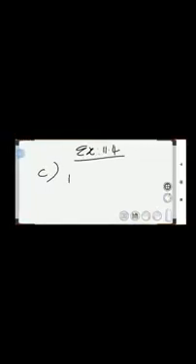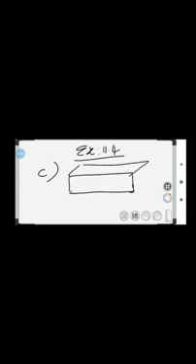So, a rectangular box, you have to draw this kind of figure. Actually, a rectangular box is a three-dimensional figure, so I did this kind of drawing, and you have to mention the height is 8 centimeter.